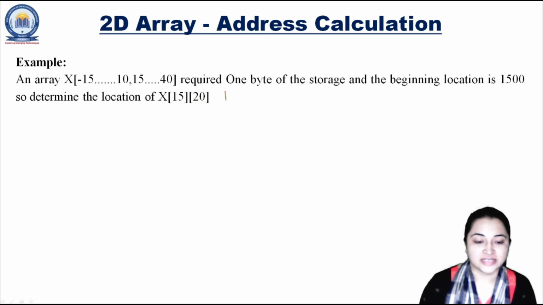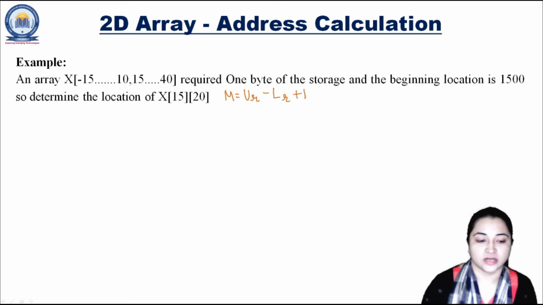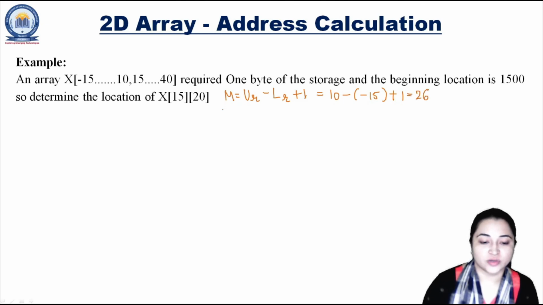So first of all let's find the value of M, which is upper bound of row minus lower bound of row plus 1. So upper bound of row is 10 minus lower bound of row is minus 15, plus 1. So 10 plus 15 is 25, 25 plus 1 is 26. Let us now calculate the value of N, which is given as upper bound of column minus lower bound of column plus 1.